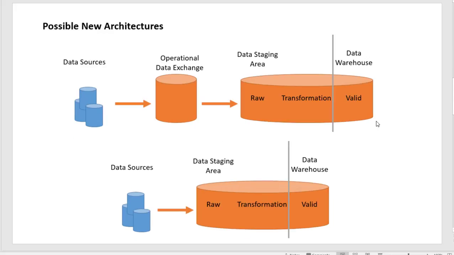Two new possible architectures that we could implement going forward with the raw only fields feature is that we could consider loading from our data source to our operational data exchange, and then loading into a database that contains both the data staging area, which is going to be the raw layer, contains the transformations, which is going to be the T-view, the data cleansing procedures, the M and L tables for data quality, and then the valid tables are really going to be our data warehouse.